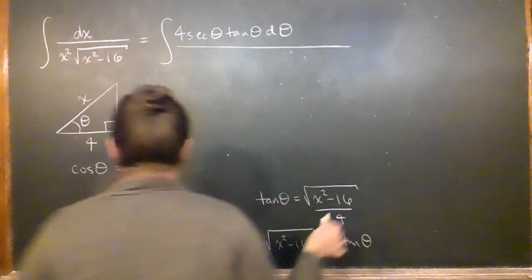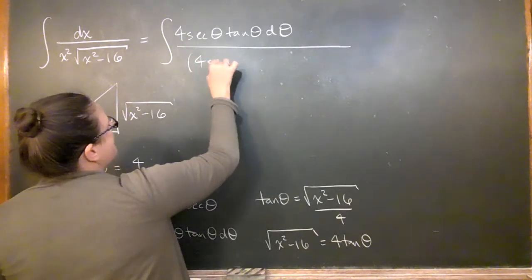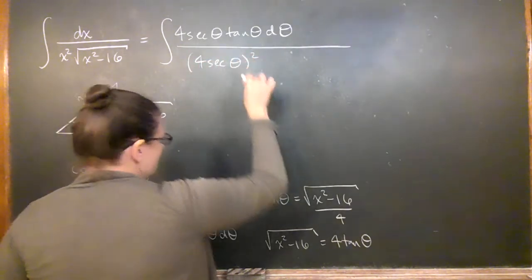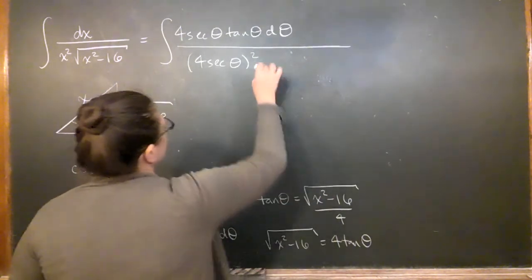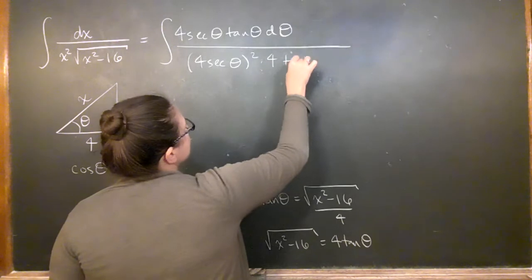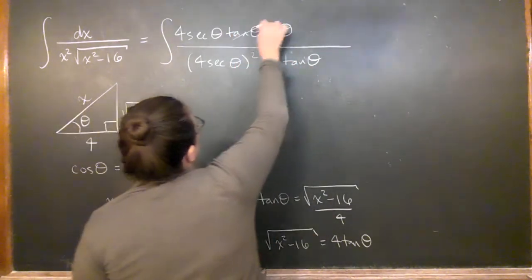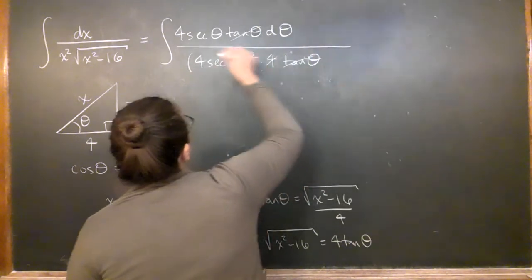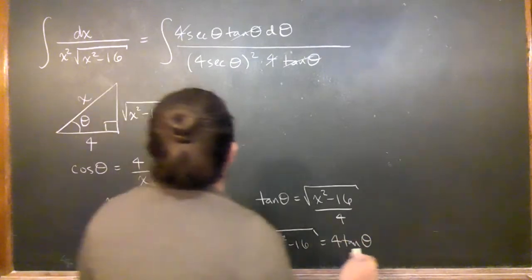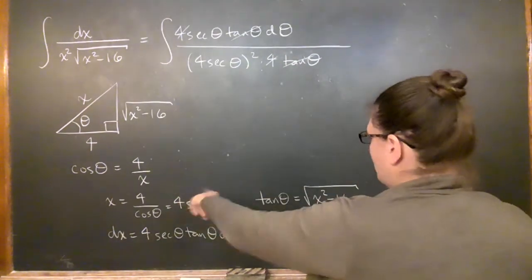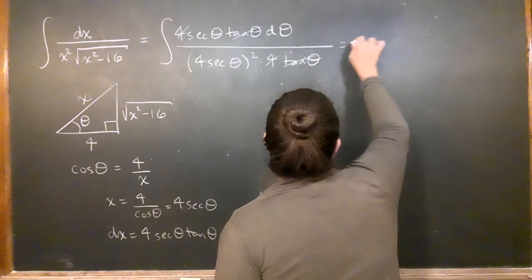And then on the bottom, x was 4 secant theta, so I have this squared. And then this square root was 4 tangent theta. Okay, so let's see. These tangent thetas cancel out. These 4s cancel out. And oh, look at that. That's really nice. So this looked really terrible when it was looking like this, right? But now look what happens.